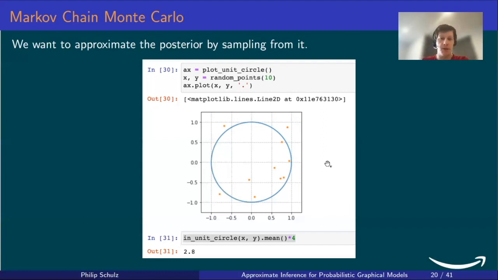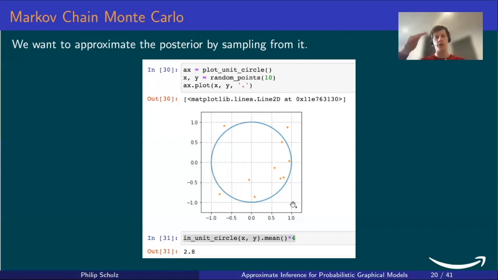Now, what I need to do in order to find pi, which is the area of the circle, is I basically know what the area of the square is. It's 4, so 2 by 2. And I just need to check how many of the points are inside the circle and how many are outside the circle. And this fraction, the number of points inside the circle over the number of points, times 4, is going to give me an approximation to pi, because 4 is the area of the square.